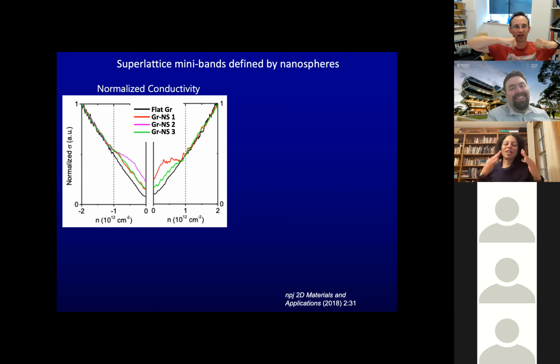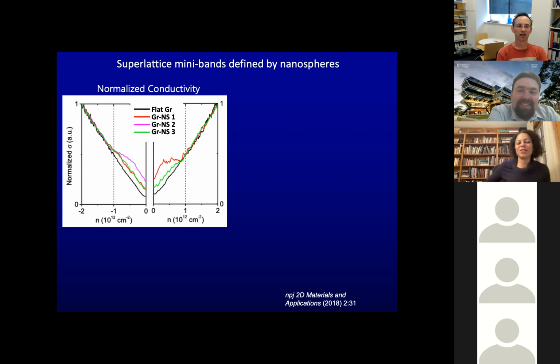So what we'd want is something that's both on a pyramid like this and then an additional strain in some direction, which would be interesting. So you need both non-uniform strain that has different magnitudes. In fact, that's something we're thinking about now, ways to do this sort of thing. Yeah, because then you could use the uniform strain to lift your K prime degeneracy and the non-uniform strain to give you, over a larger length scale, your artificial magnetic field.